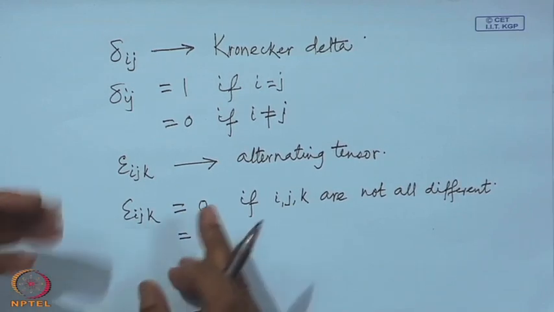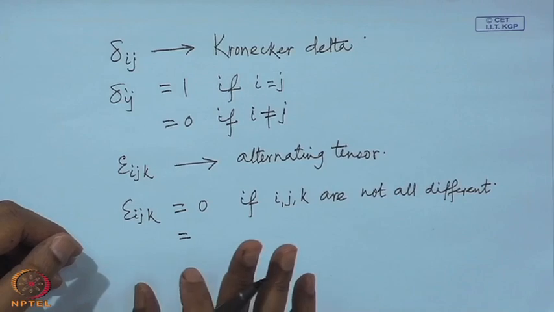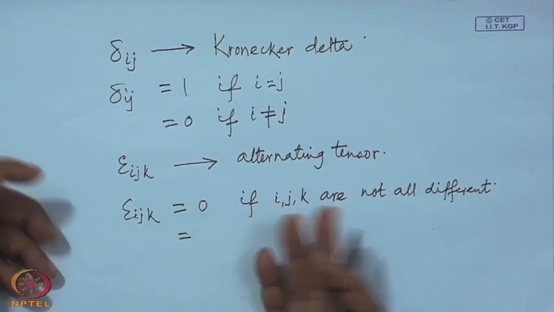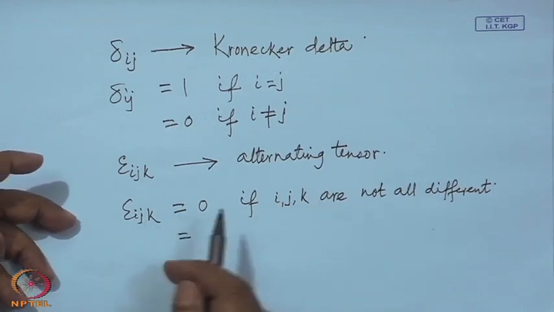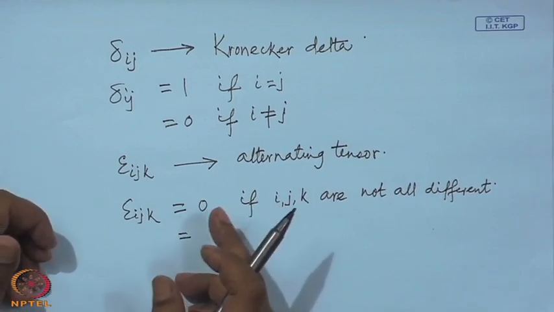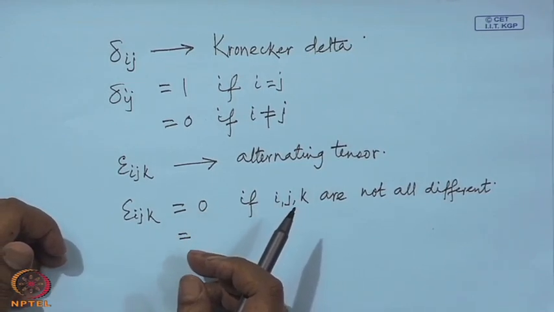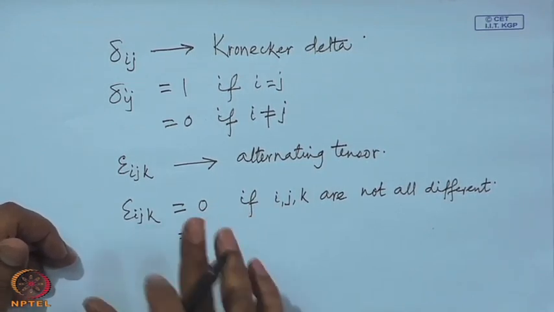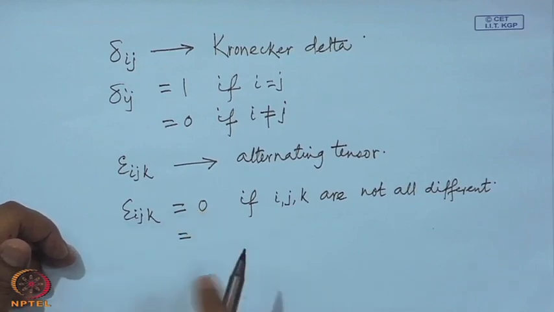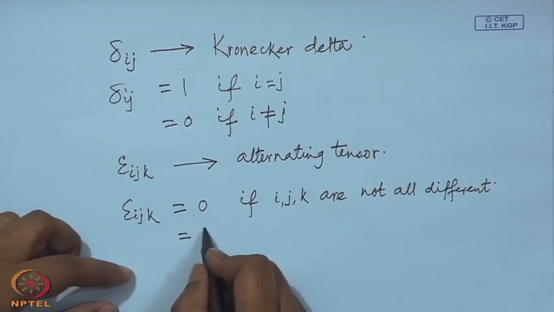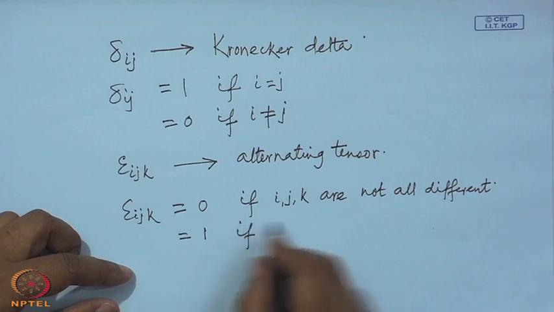Even if 2 of them are same, it is 0. When 3 of them are same, of course, it is 0. When any 2 of them are same, it is 0. So, for a non-zero value, all 3 must be different, and it is 1 if i, j, k are cyclic.